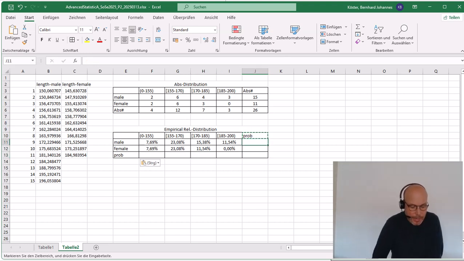Well, and here now the cumulated, or so-called marginal probability to be male in our data set is then, of course, the total number of males divided by the overall number.